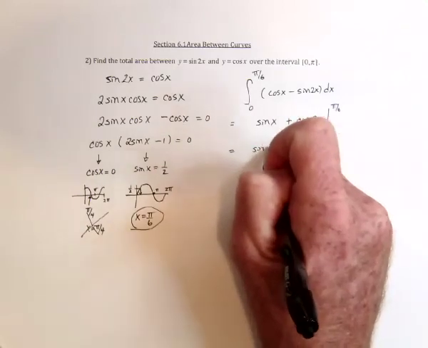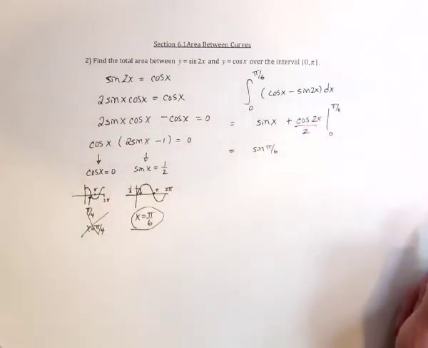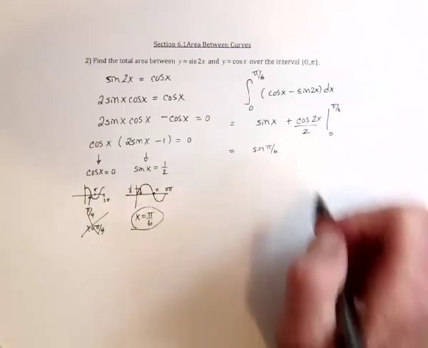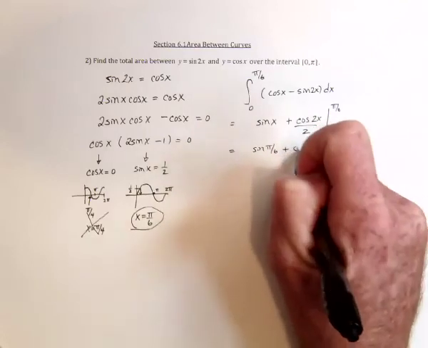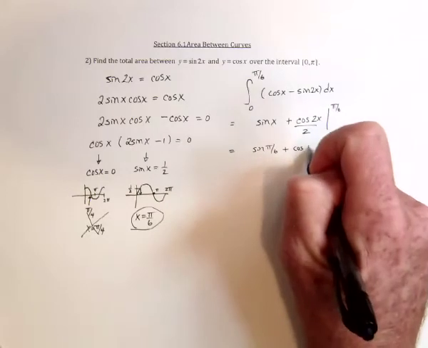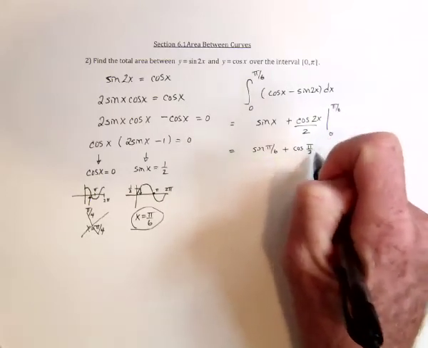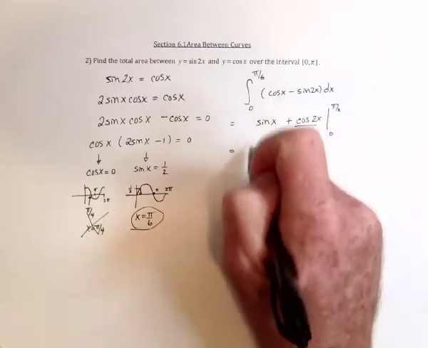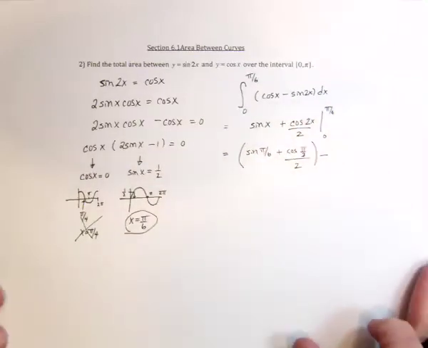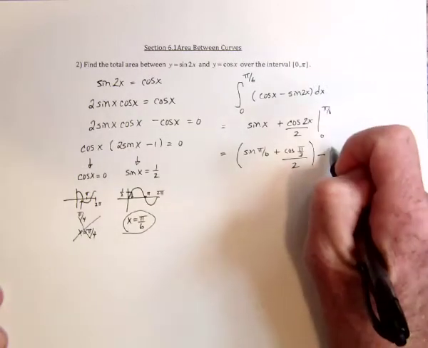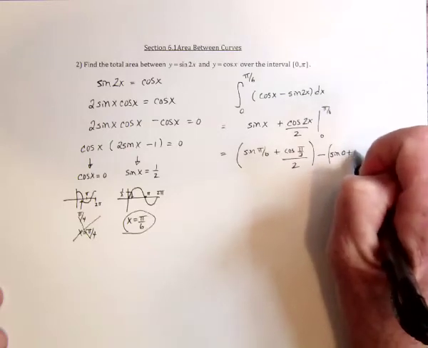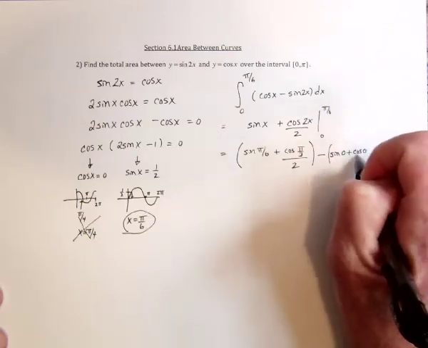So we'd have sine pi over 6. I happen to know that that's a half because that's where we got the pi over 6. Plus cosine, let's see, 2 pi over 6 is going to turn out to be pi over 3. And divided by 2. Then substitute the 0. So minus sine of 0 plus cosine of 0 over 2.